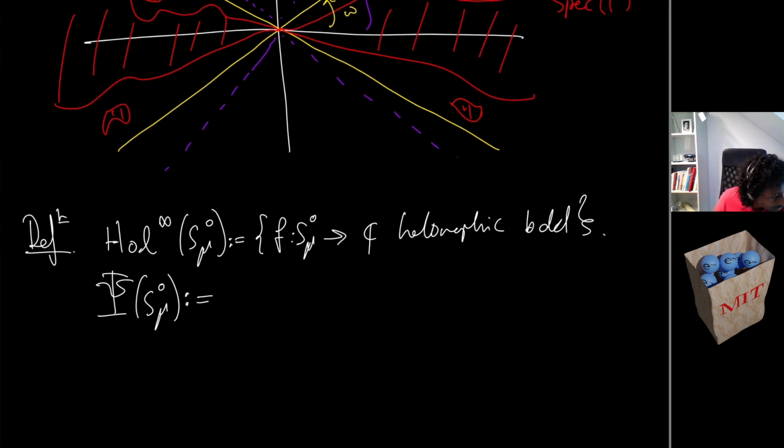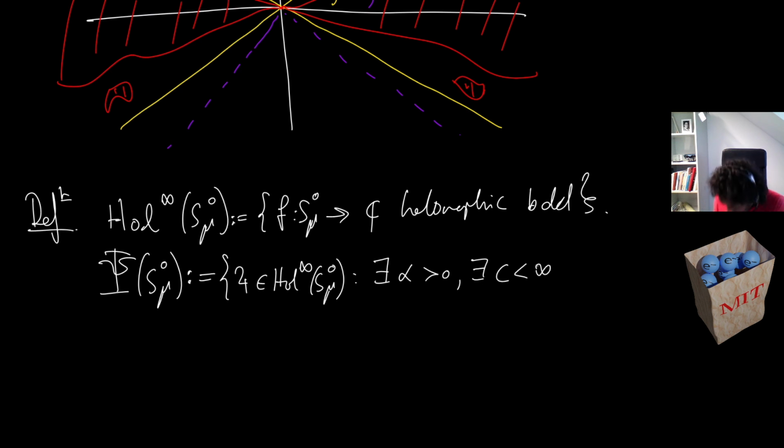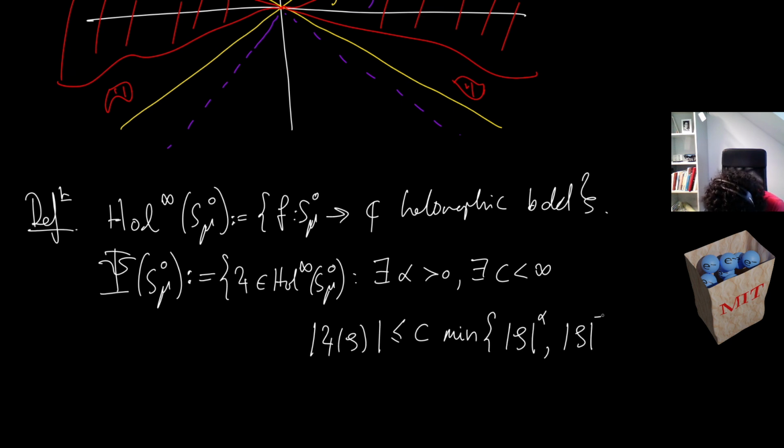So these are functions psi which are in H infinity of S mu naught, such that there exists some alpha and some constant C that is finite, such that psi of zeta is controlled by the constant times the minimum of |zeta| to the alpha and |zeta| to the minus alpha. Okay.